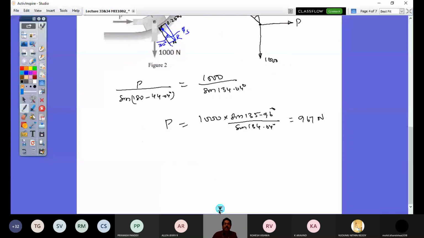The question asks, what is the range of values of P to maintain the given configuration under equilibrium? So for that, the value of P should be less than or equal to 967 Newton, and greater than or equal to 286 Newton, required for maintaining the equilibrium.